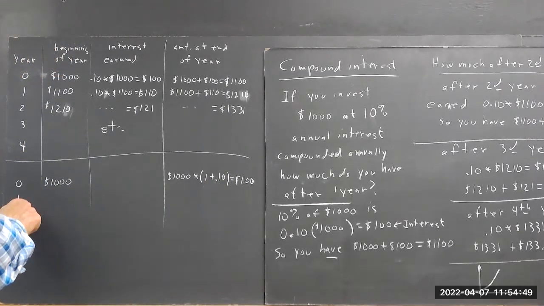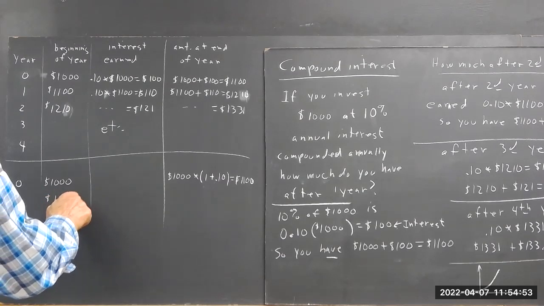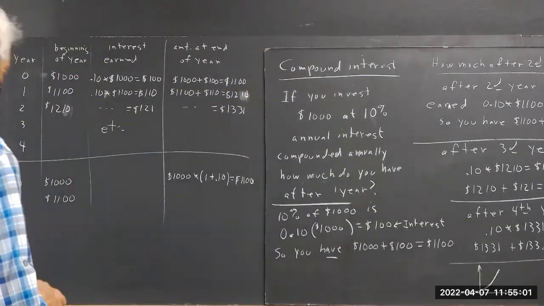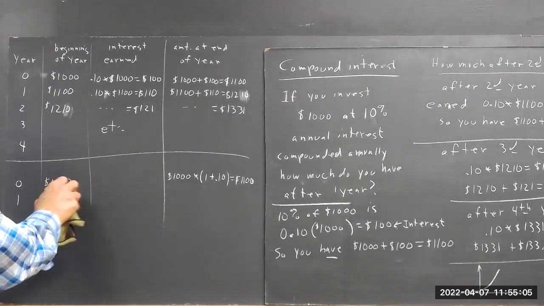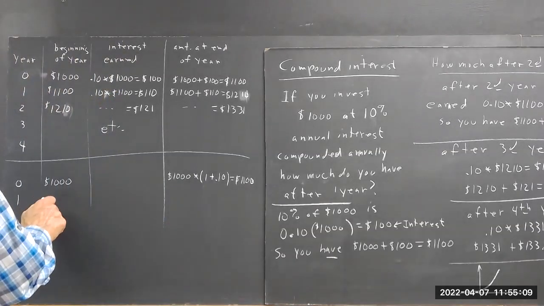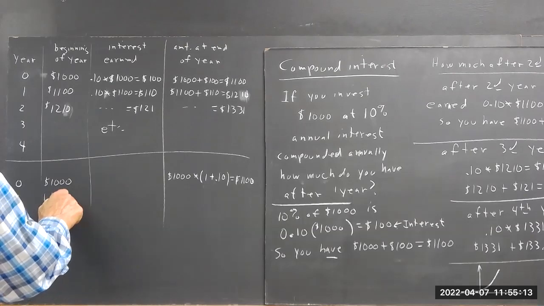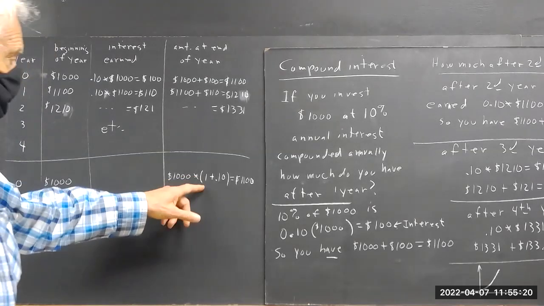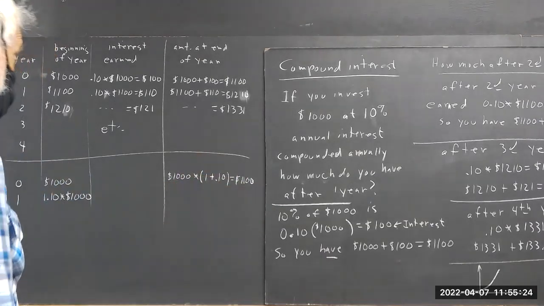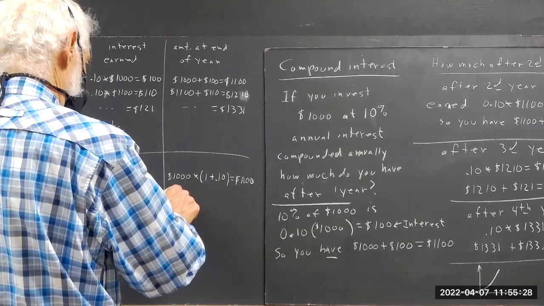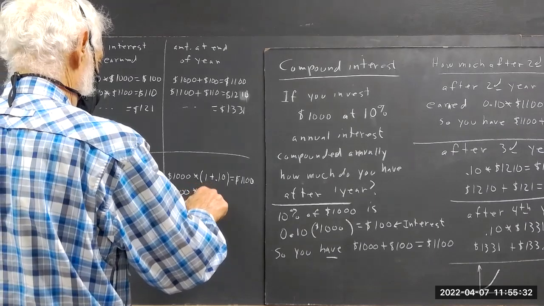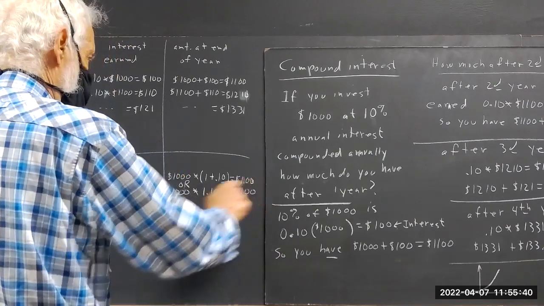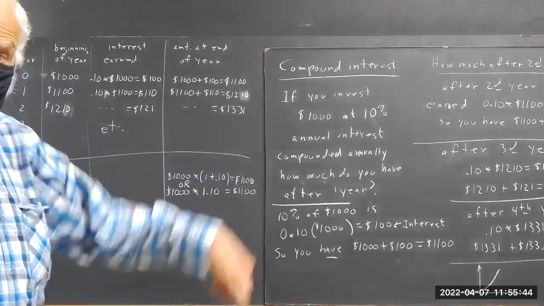Okay, so after year 1, we have our 1,100. Except I'm going to write it as 1.10 times 1,000. Of course, 1 plus 0.10 is 1.10.